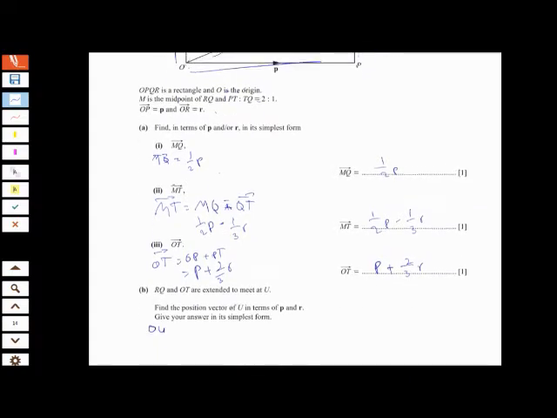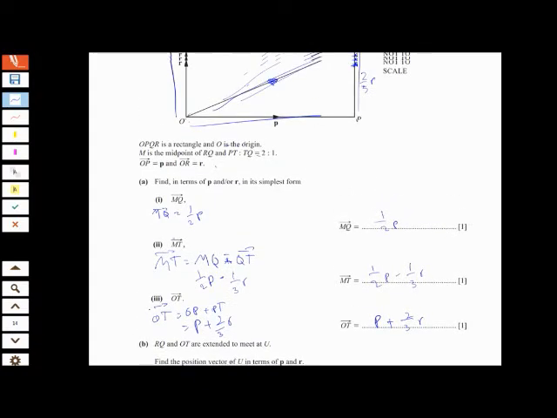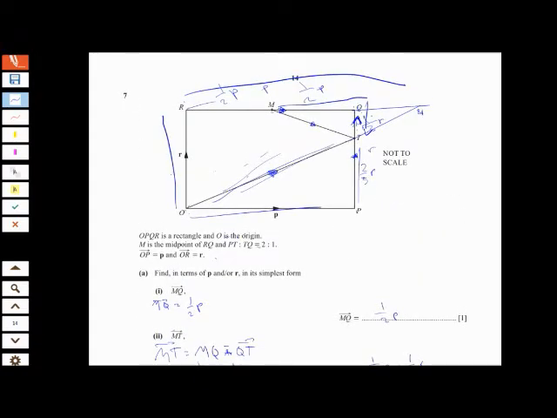OU equals OR plus RU. We know that OR equals R. Now let's find RU. How can you find RU? RU, this line right here. That's the tricky part. Now pay attention again.